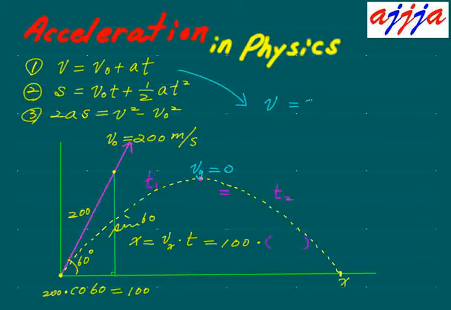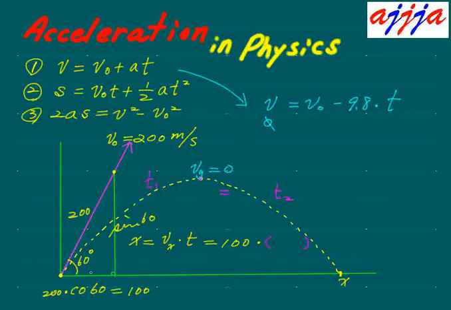So final velocity equals initial velocity plus g times t. This one's going up, so it's a negative g, negative 9.8 times t. We're going to find t, but the final velocity is 0.